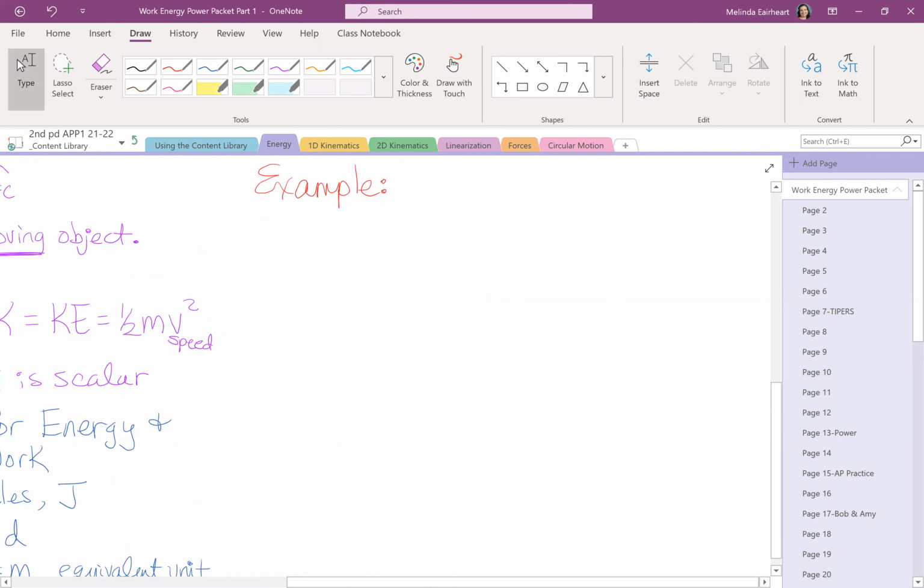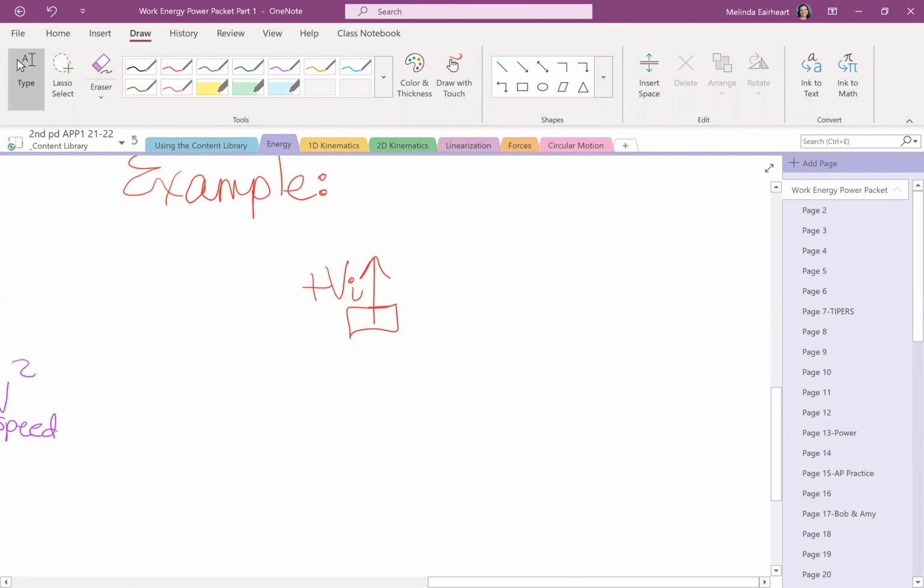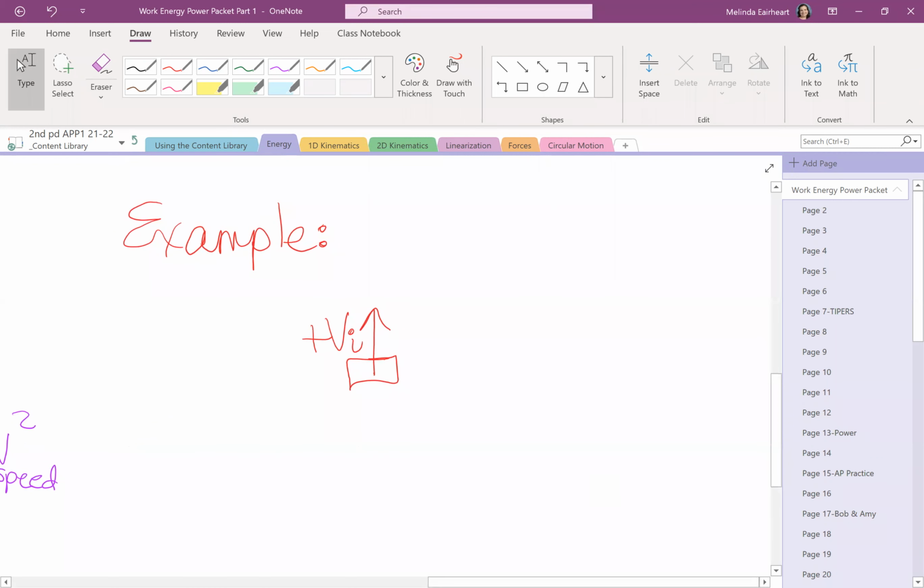What if we throw an object up, so I'm going to call up the positive direction, and notice I brought in that VI. I stands for initial, and so I'm going to throw it up in the air, neglecting air resistance, right? What's it going to do? Y'all know this.